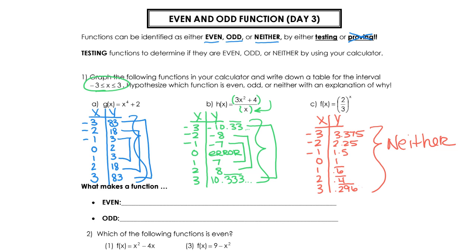And so we're going to go ahead and talk about even. An even function is a function where if you have opposite inputs, so for instance, 3 and -3, they have the same outputs.